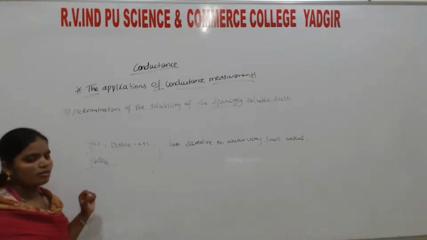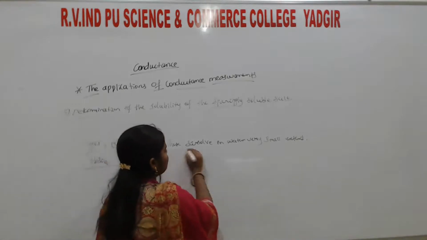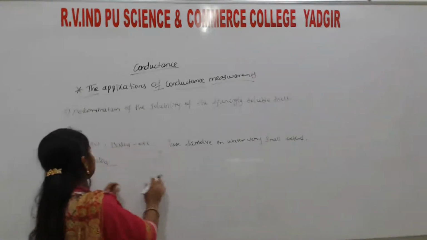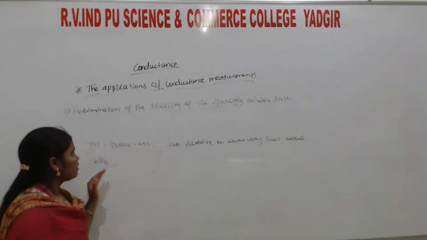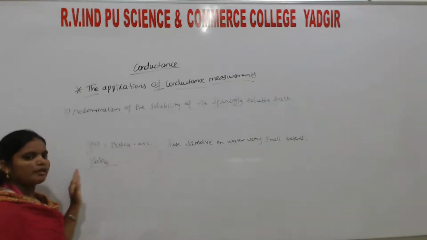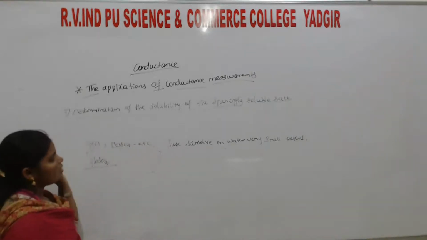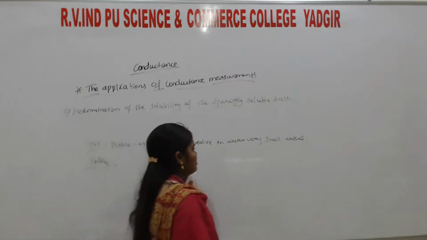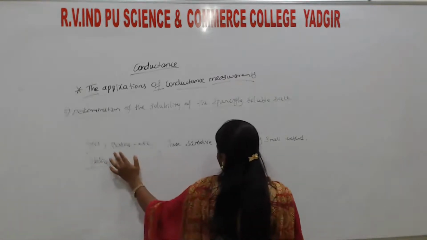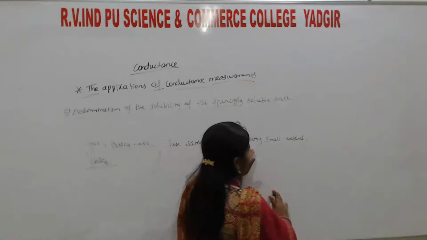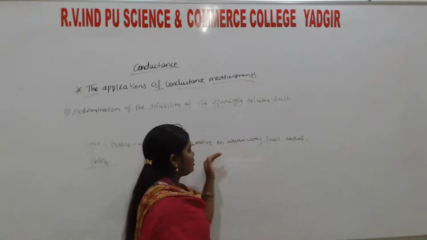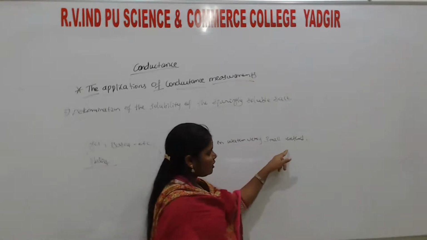These are the sparingly soluble salts. One is barium sulfate, and this barium sulfate dissolves in water to a very small extent.